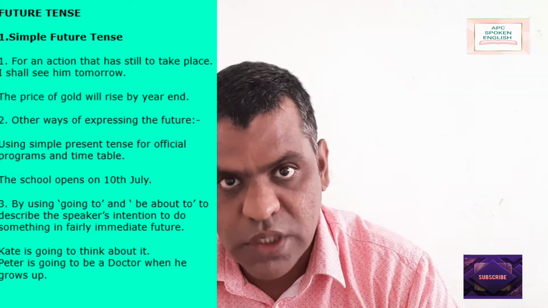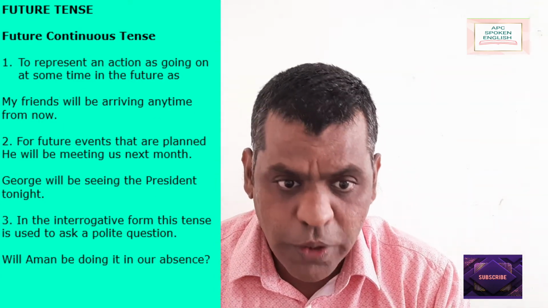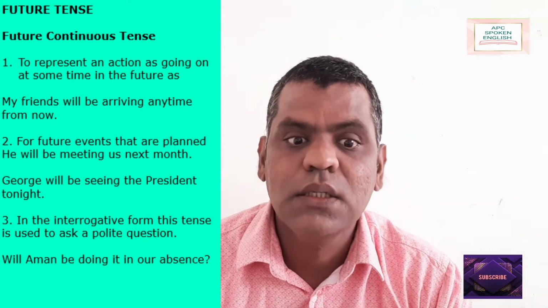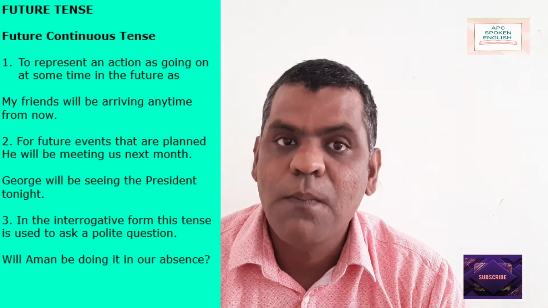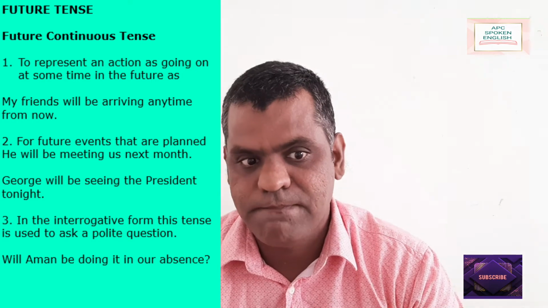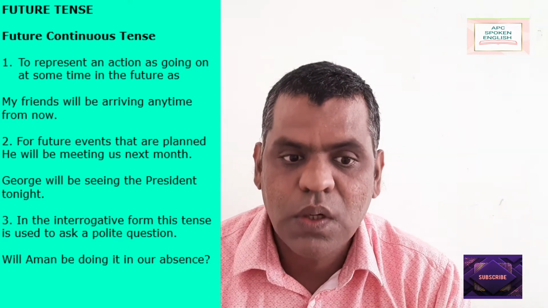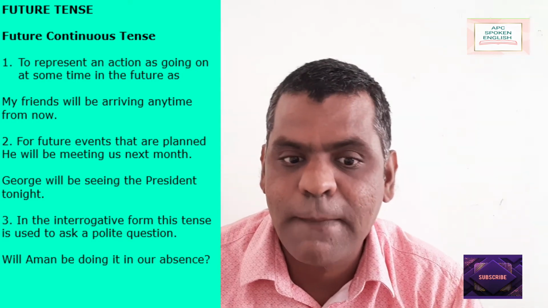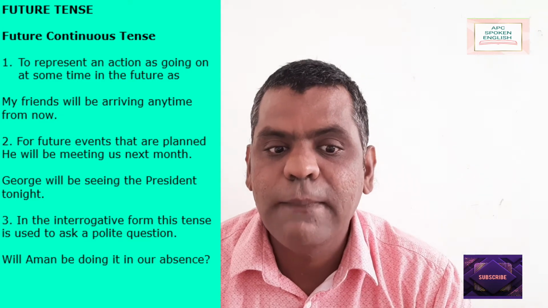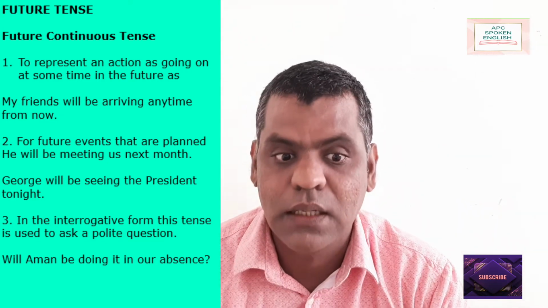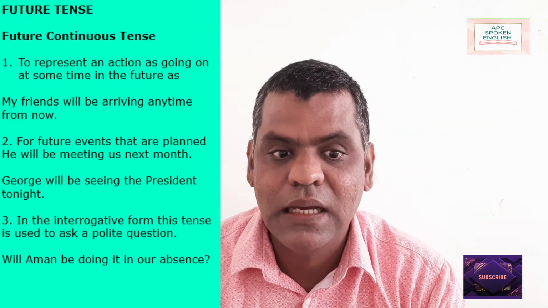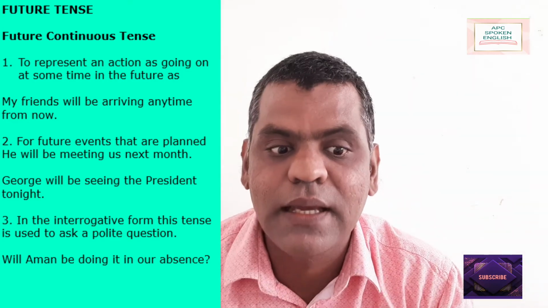Then let's learn future continuous tense. It represents an action which will be going on at some time in the future, as in my friends will be arriving anytime from now. For future events that are planned, he will be meeting us next month. Will be meeting. Will be arriving.